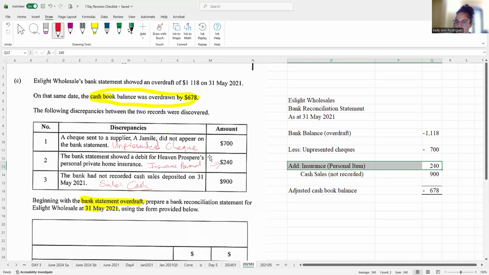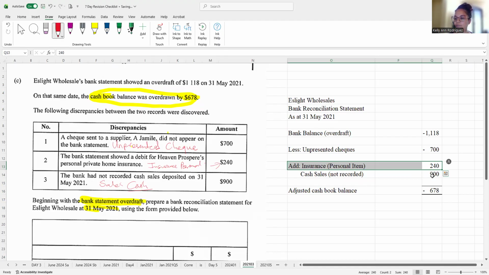I hope you all understand that. It's Heavens, I can't even pronounce this, Prosperi or something like that. Personal private home insurance in the Slight Wholesale account. Bank errors, so that needs to be added back. And then your cash sales that were directly deposited in your bank account were not recorded.